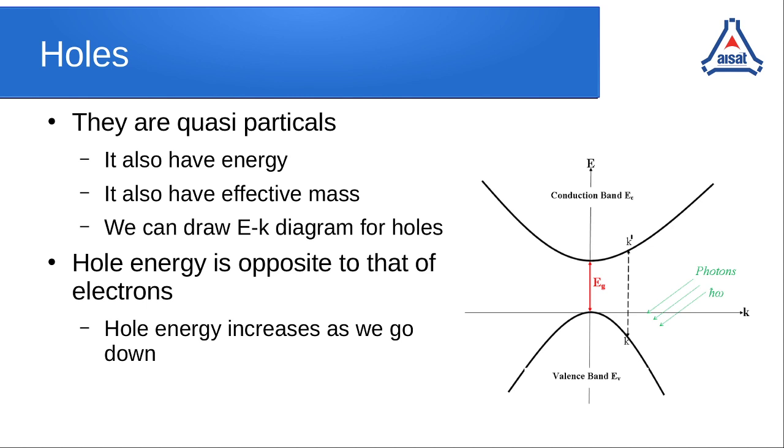The bottom portion, which is the inverse of the top portion, is the EK diagram for holes, which states that all energy is opposite to that of electrons. Or in other words, the hole energy increases as we go down.